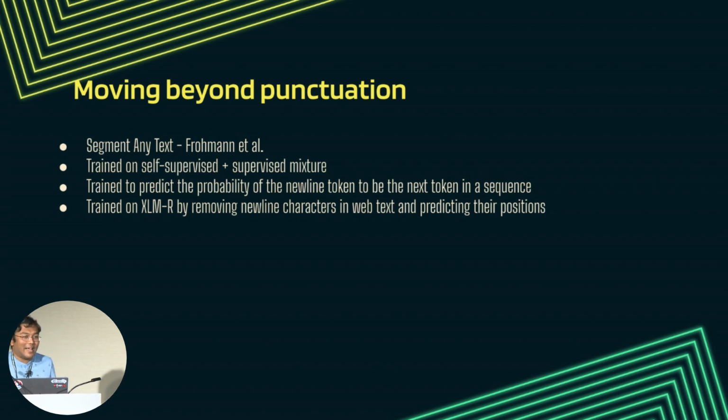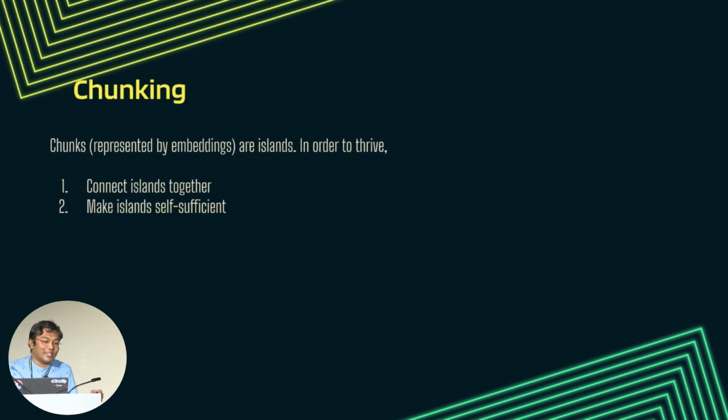If you don't have the right boundaries, you are going to have problems. Just a caveat, the text that I work on is financial text, with a lot of numbers, tables, and so on, which is where sentence boundaries are a lot more important. Of course, there are many document types where sentence boundaries are very clearly defined, but more often than not, they are not. So next, chunking.